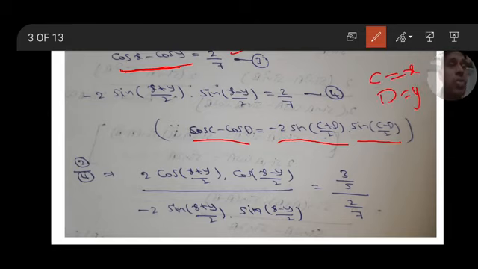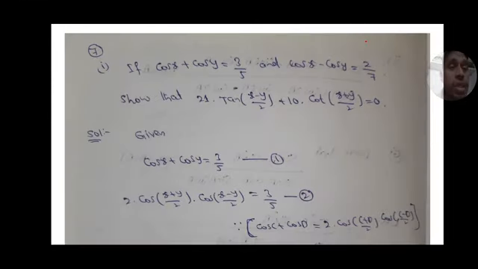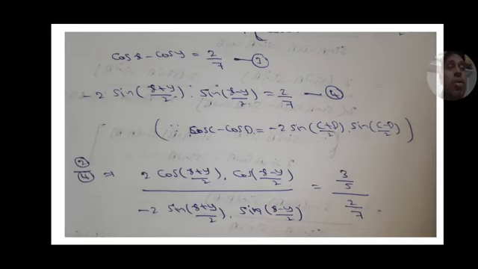The c and d values are the same, but it is the cos c minus cos d formula. Substituting, we get minus 2 into sin of (x plus y) by 2 into sin of (x minus y) by 2 equal to 2 by 7, that is equation 4. So the cos c plus cos d result is the second equation, and the cos c minus cos d result is the fourth equation.